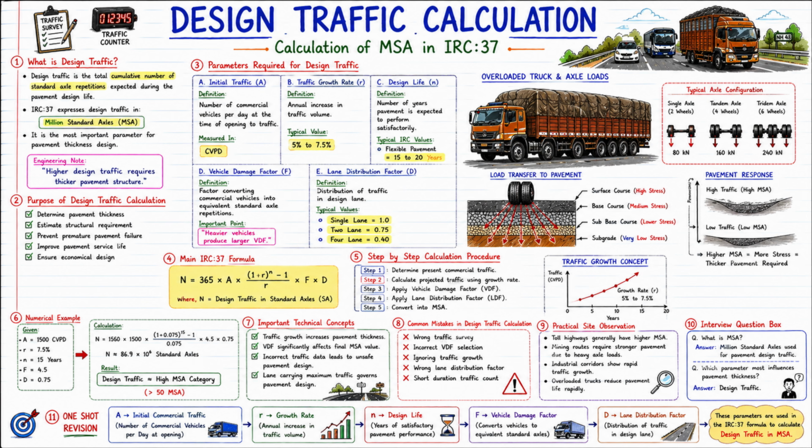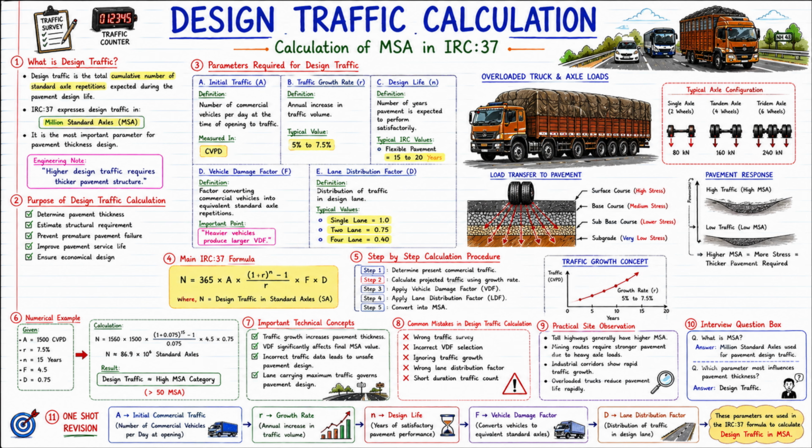Tridem axle 240 kN. Now as axle configuration increases, load distribution also changes. See the load transfer to pavement diagram below. Highest stress at the top, and as we go down the stress decreases. This is flexible pavement behavior.